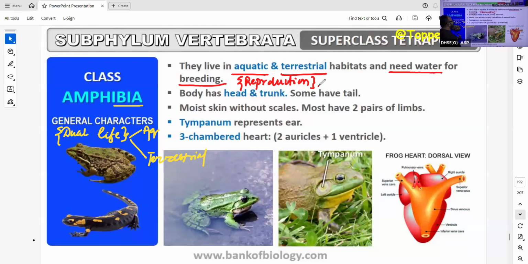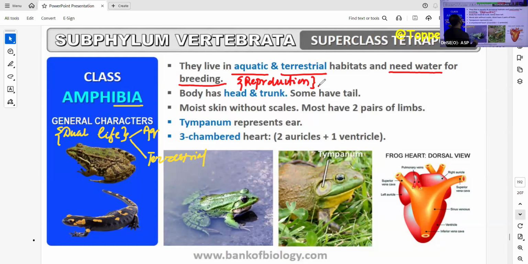And now the amphibian population has become a very small one. Okay. Now, one of the reasons is this dependency on water also. Why? Because when we say water, it does not imply any form of water. It implies a proper form of water.